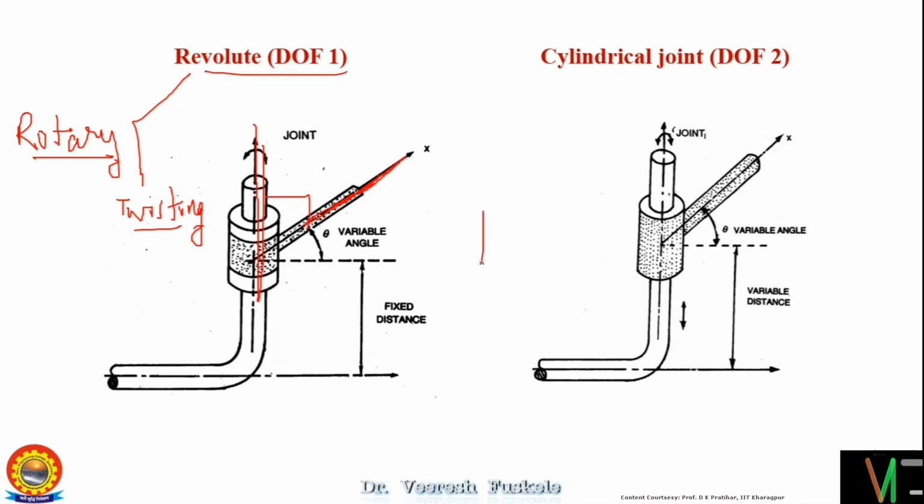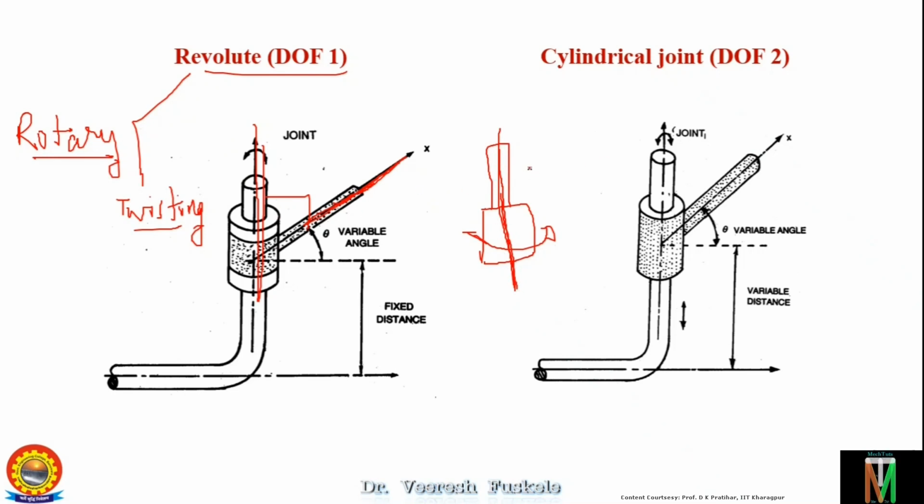But suppose you have something like this. This is the axis and this joint is moving about this axis only. Suppose there is a link here. The output link is rotating about the axis of the output link, and the axes of rotation are the same.